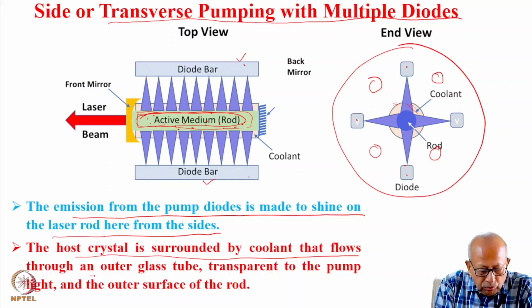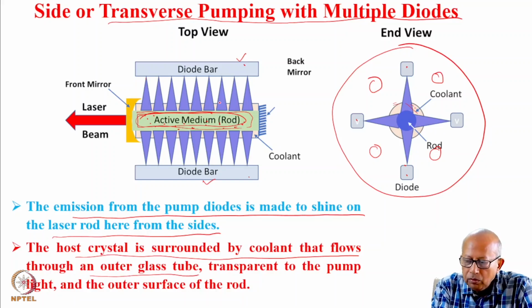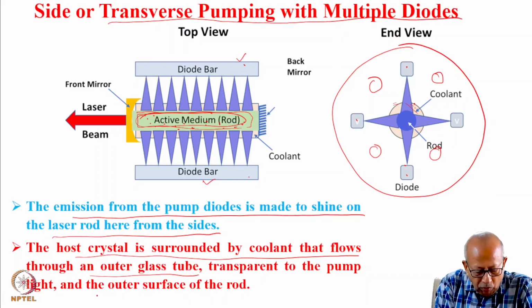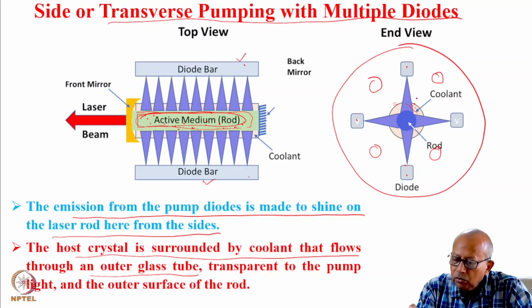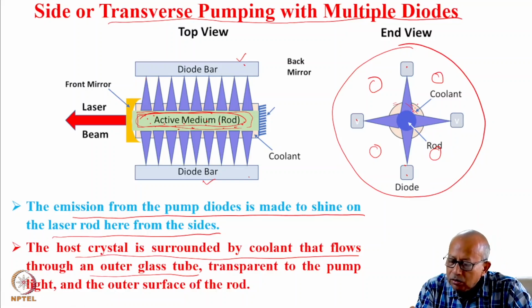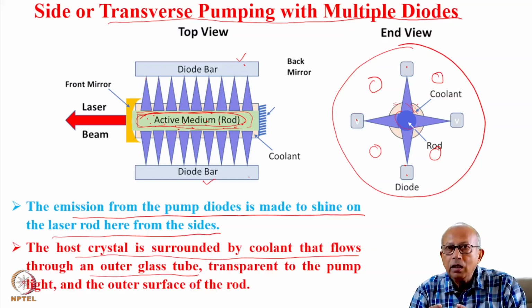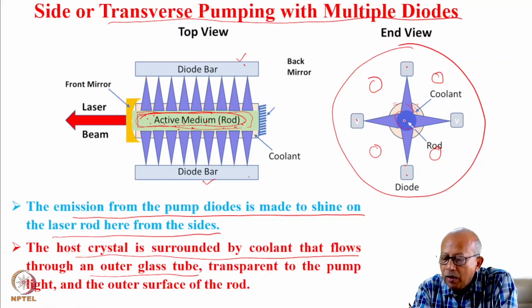The coolant flows through the outer glass tube, over the outer surface of the rod, to remove the heat that is rapidly conducted by the rod onto its surface.